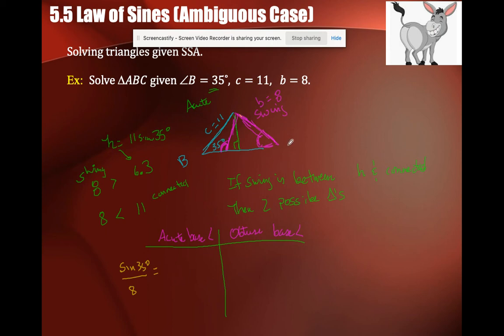And then if I call this little c, so this is angle C over here, I have the sine of angle C compared to 11. I solve that, get sine C by itself, and then inverse sine. And I got C equal to close to 52.